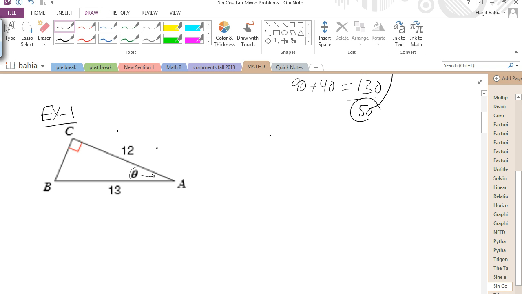Now, if we wanted to, we could figure out this side length here using Pythagoras, a squared, b squared, c squared. We know what that side is, we know what that side is, we have to figure out what that side is. But the question is not asking for that. Trust me, this question is asking for this unknown angle here. But I'm just letting you know, kind of planting the seed for later on stuff.